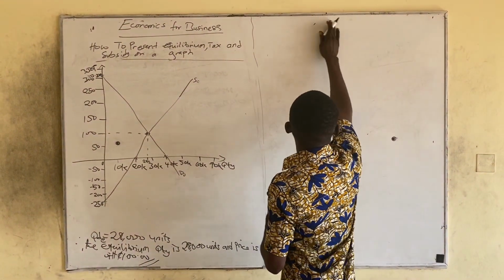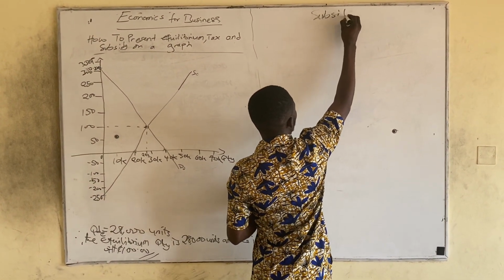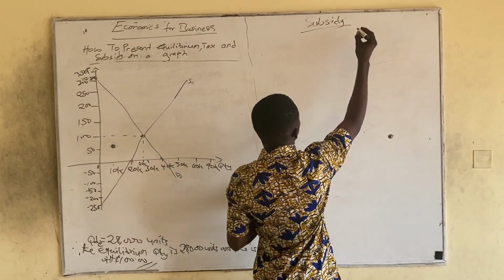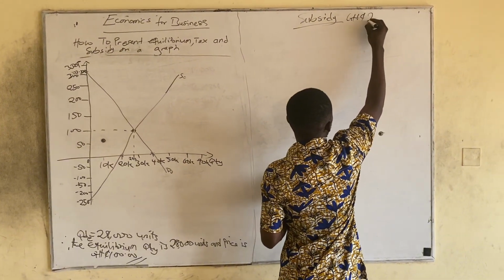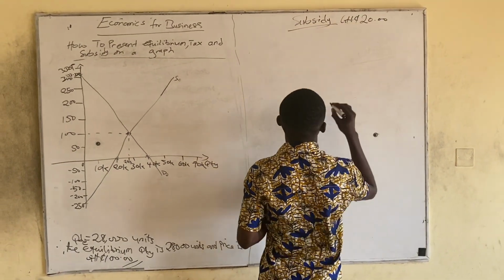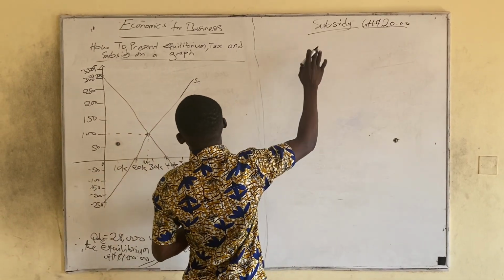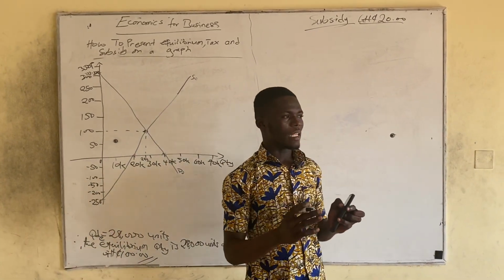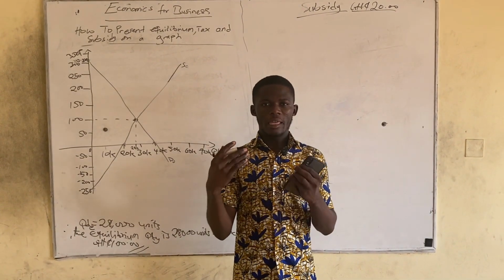So the subsidy, you indicate. Our subsidy is 20 cedis. When they give you a subsidy like this, you add it to the quantity supply equation.